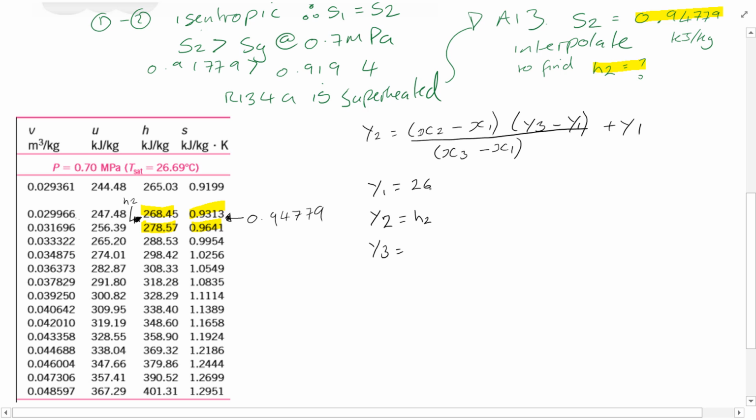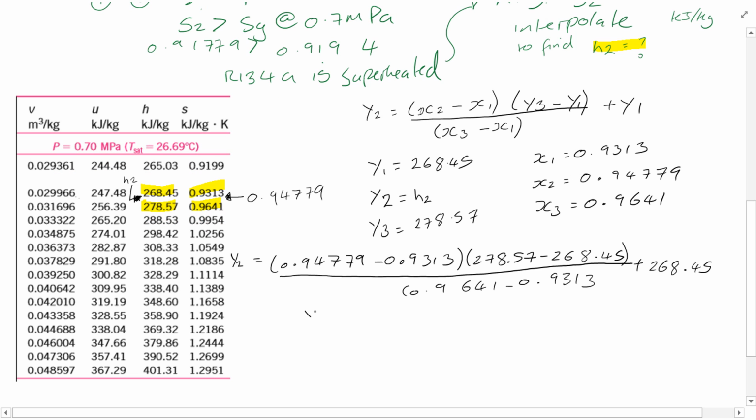Y1 is quite simply 645. Which gives you a value of y2, equal to H2, which is equal to 273.54 kilojoules per kg.